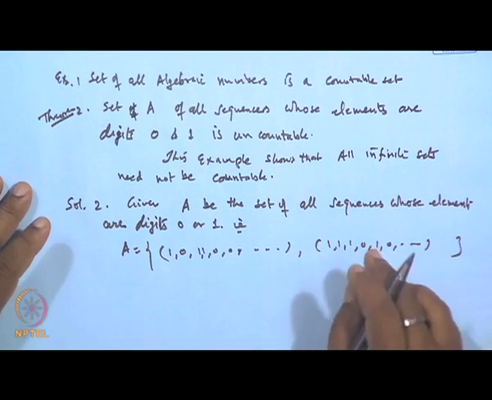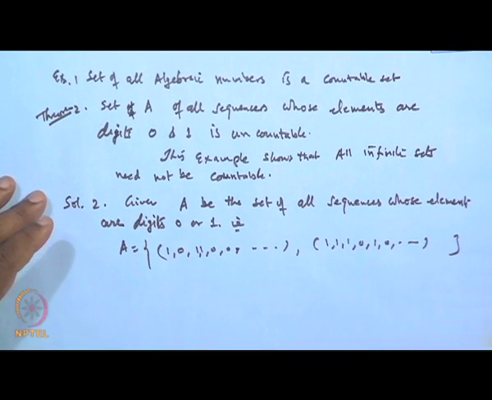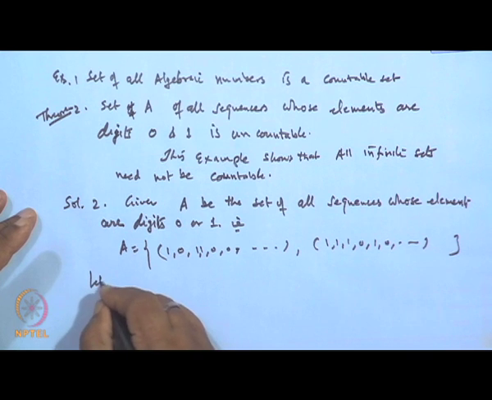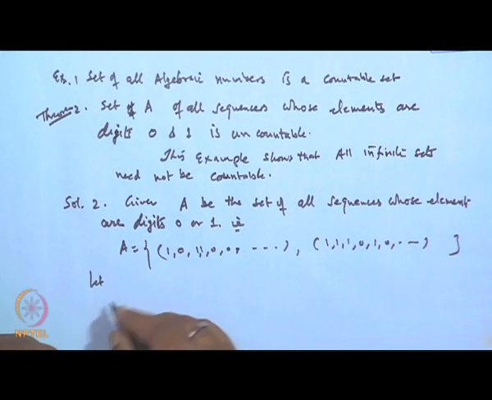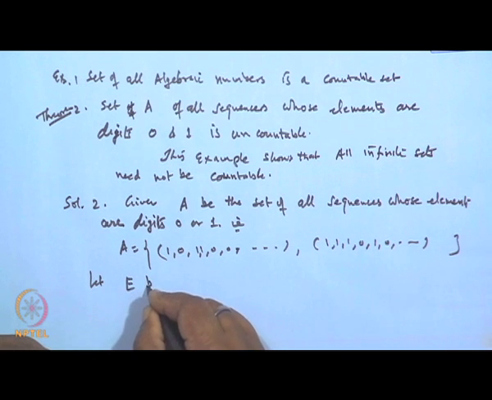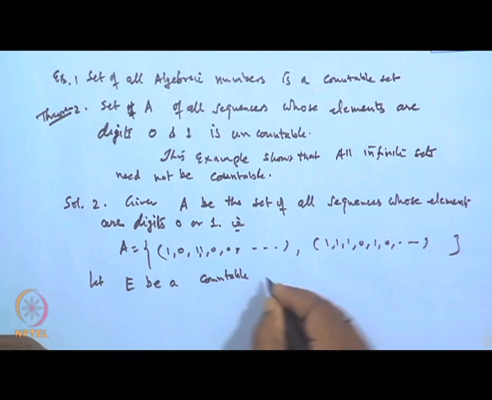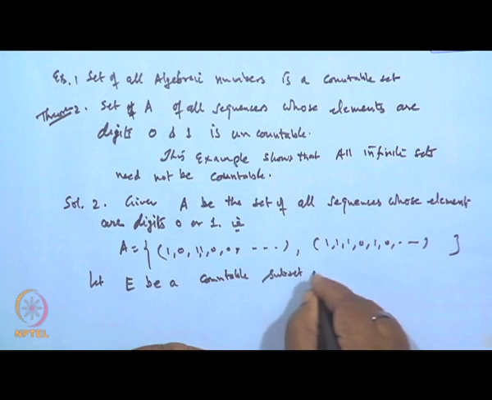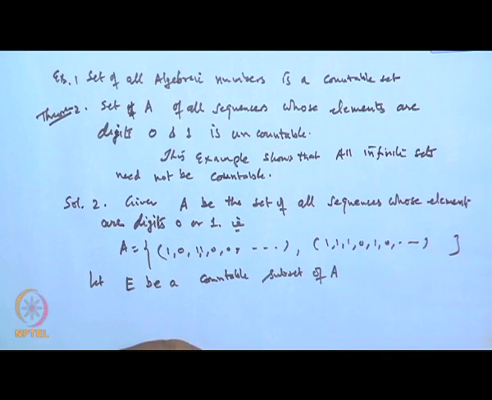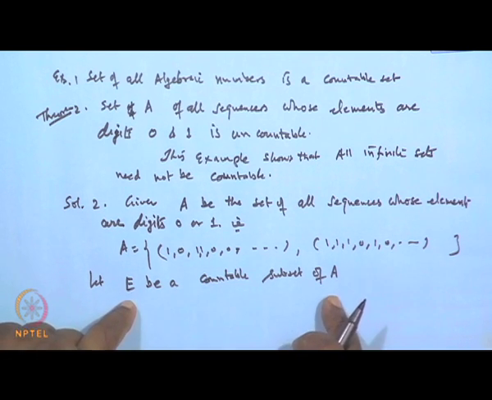Proof. Let E be a countable subset of A. It means E can be arranged in the form of a sequence.